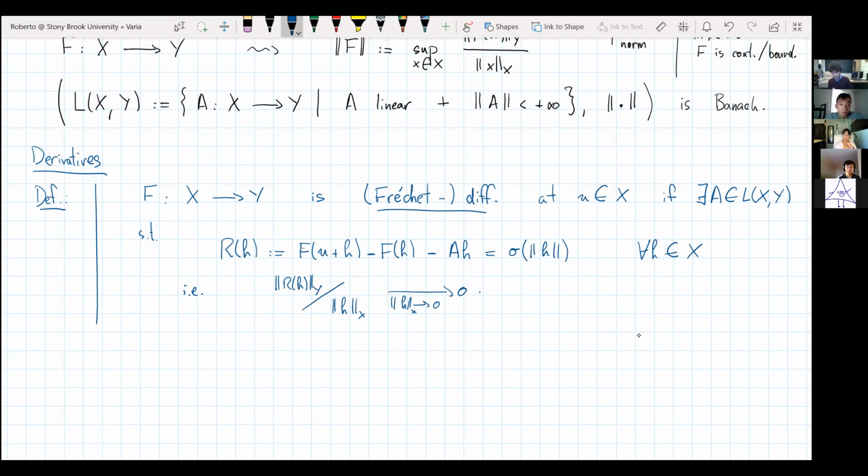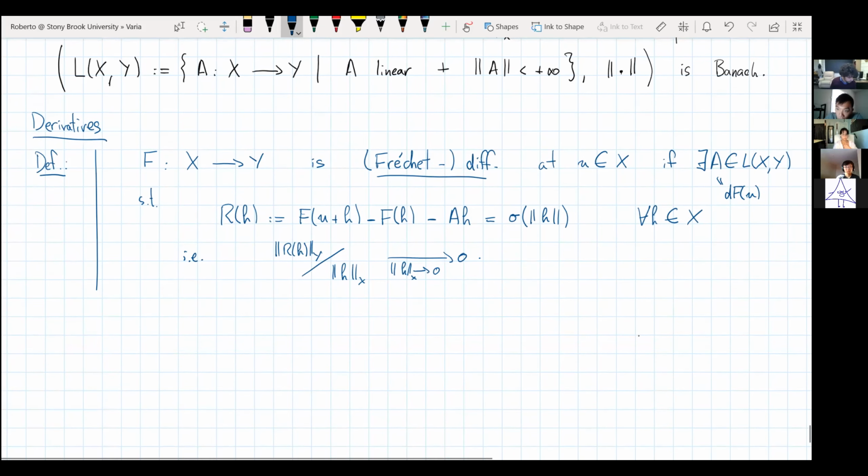So you can locally approximate the displacement in f by the displacement with A. And if f is differentiable at u, then this A is uniquely determined, and it's called the Fréchet differential, and it's denoted by df at u. Is the middle term supposed to be f of u instead of f of u? Yes, sorry. Thank you. Thanks.